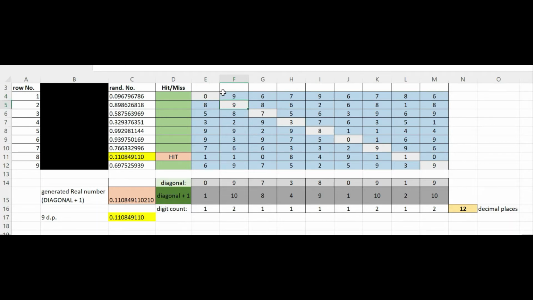Now you're creating a real number out of the diagonal of a set of real numbers that goes all the way from 1 to infinity. So you take the first digit of the first randomly generated real number and you add 1 to it. You take the second one, the third one, add 1, add 1, add 1, and you generate a new number. So the first diagonal is 0, so that becomes 1.